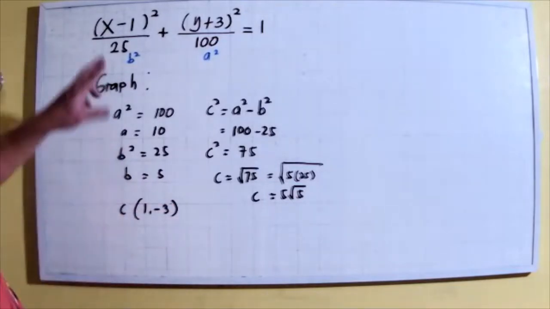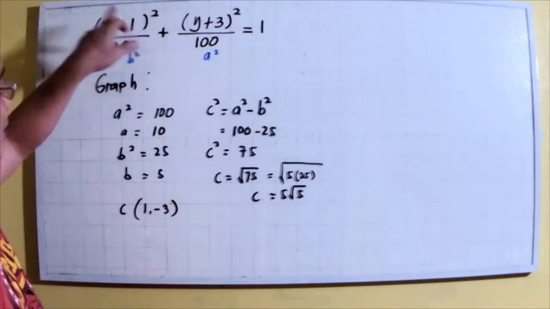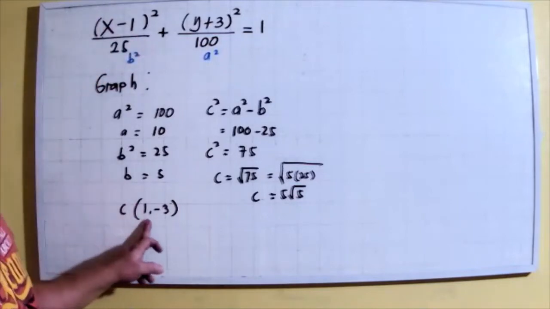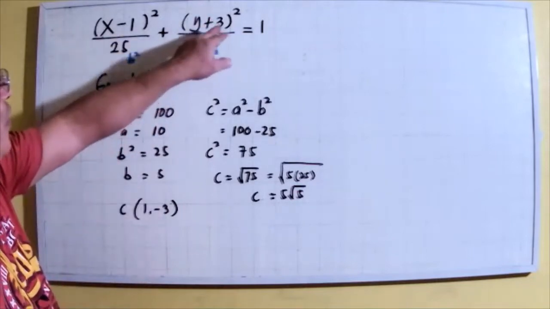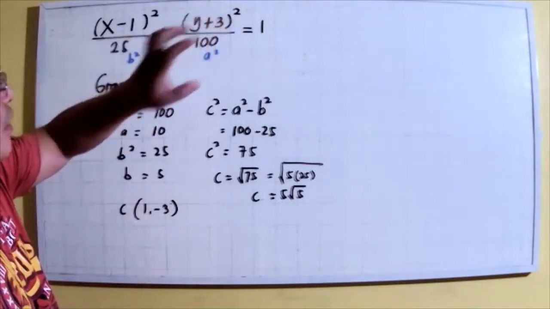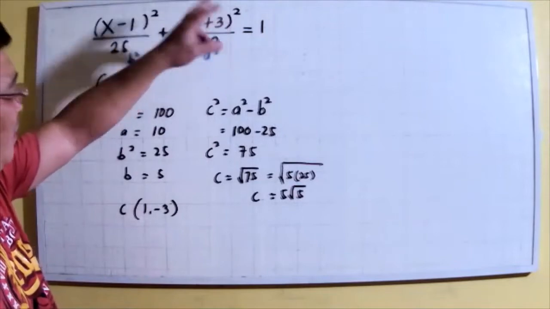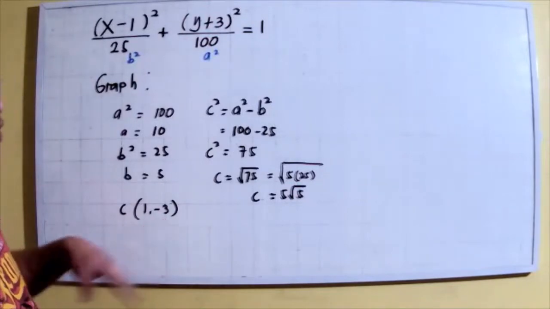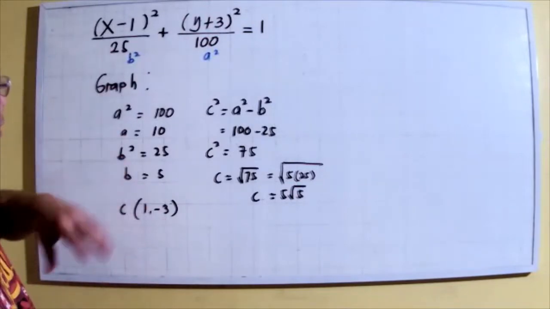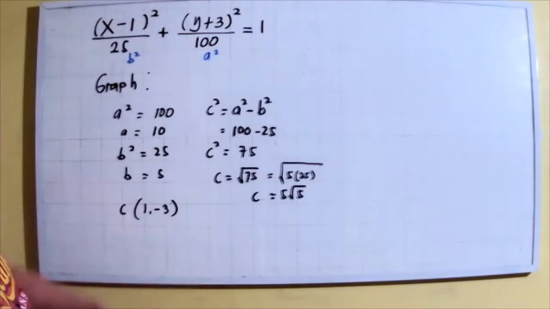Now, alam natin yung center because at the equation, you have negative 1. At the Cartesian plane, the coordinate, you have positive 1. At the y coordinate, at the equation, you have positive 3. At the Cartesian plane, you have negative 3. So, opposite lang yung sign. Pagdating dito sa equation, mababago pagdating dito sa coordinates. Now, let's graph it.